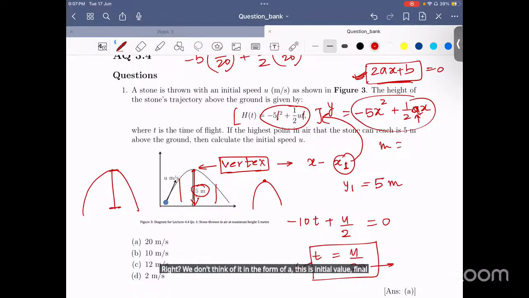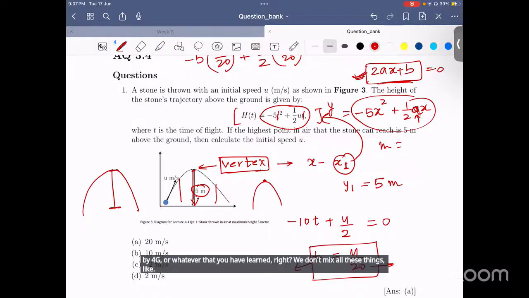You don't mix the physics, like the motion that you have learned in class 11th or 12th. This was a pretty simple question where everything was given to you. You don't have to think about whether at the maximum height the equation will be h square by 4g or whatever you have learned. You don't mix all these things, like gravity and all those things.